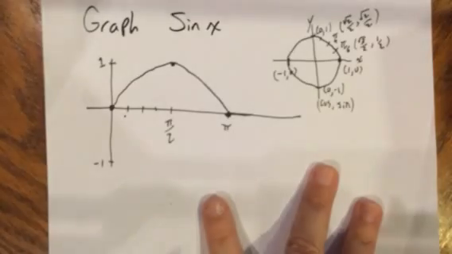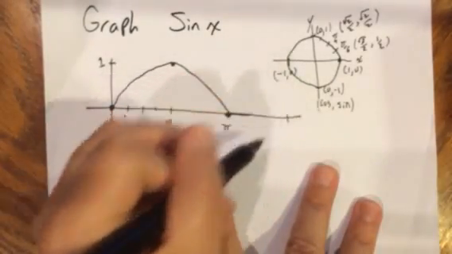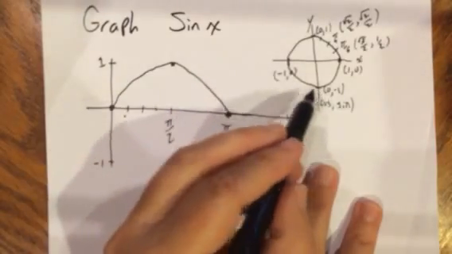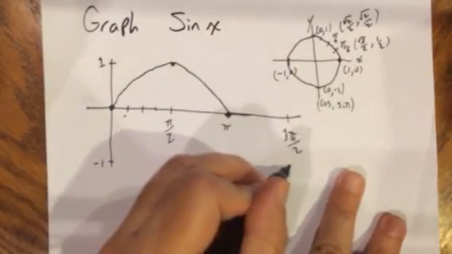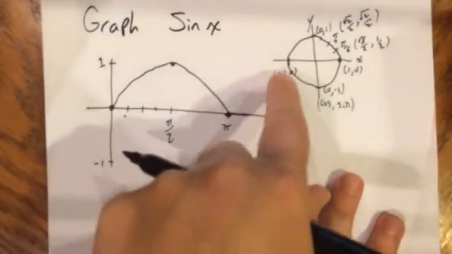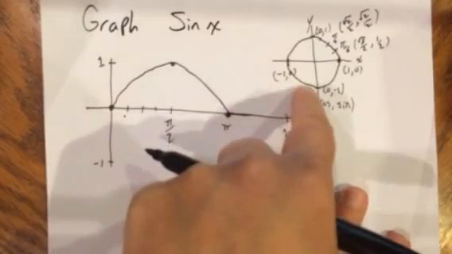So keep going. If I do 3 pi over 2, which is down here, at 3 pi over 2, my sine is -1, so all the way down there. And over here, my y values are decreasing. They're in the negatives, and they're going down.